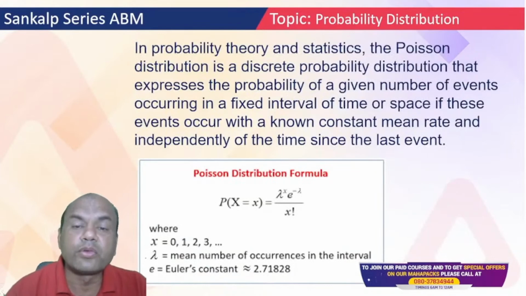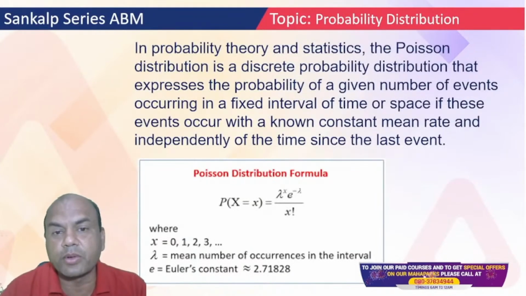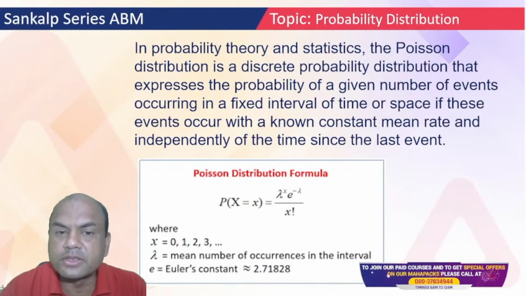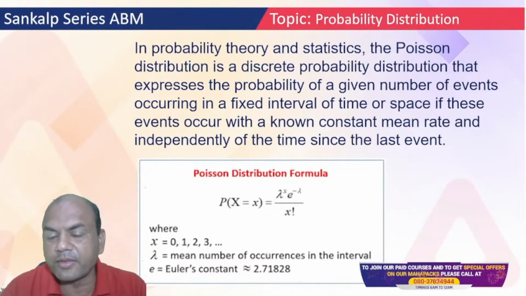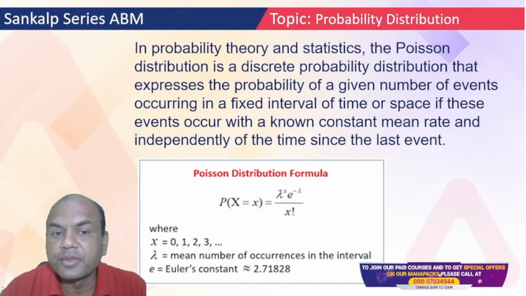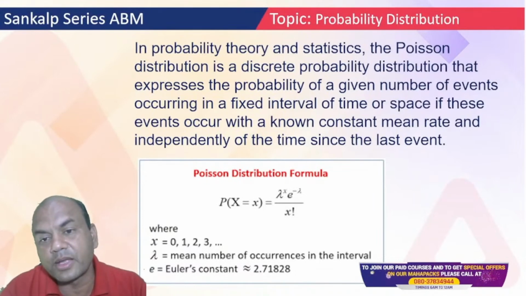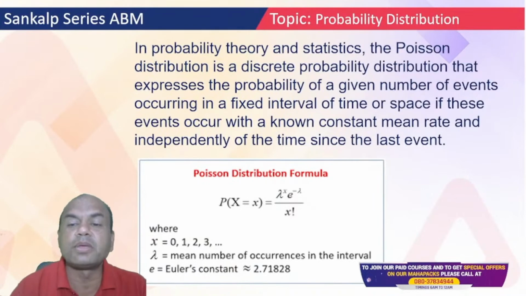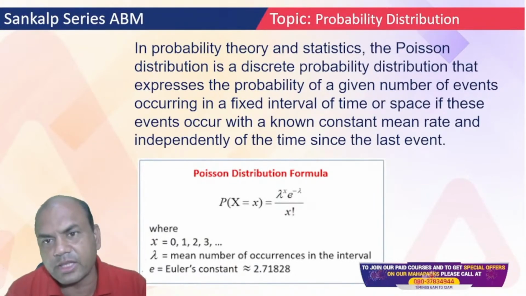Now in Poisson, in probability distribution theory and statistics, the Poisson distribution is a discrete probability distribution that expresses the probability of a given number of events occurring in fixed intervals of time or space if these events occur with a constant mean rate. Now one thing I'll clarify over here.